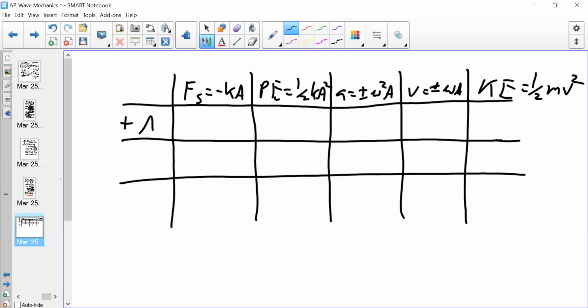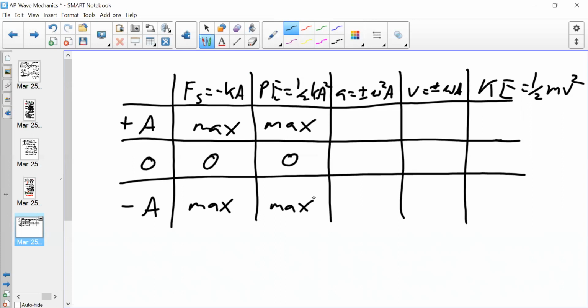So if I have plus A, 0, and negative A, I'm going to label where the maxima and minima, the maximum or 0, are for these quantities. At plus A, the spring force is a maximum, as you see in the equation: max, 0, and then max. The potential energy: max, 0 and max.